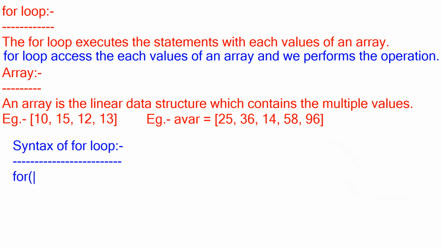So for, then the variable name, and after that we use an array. How to give the array here? We can give an array range or an array variable, both.